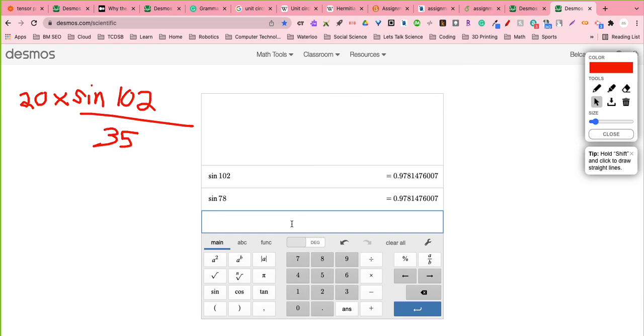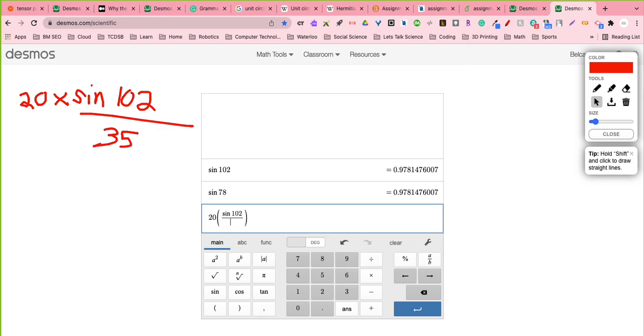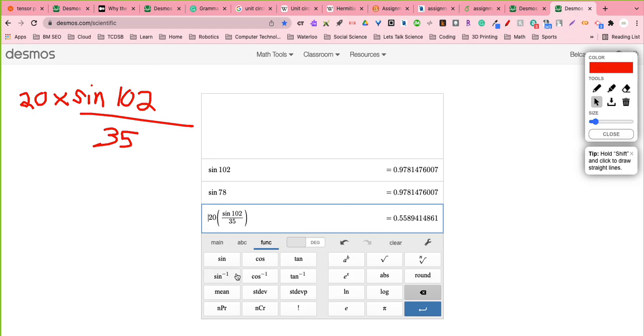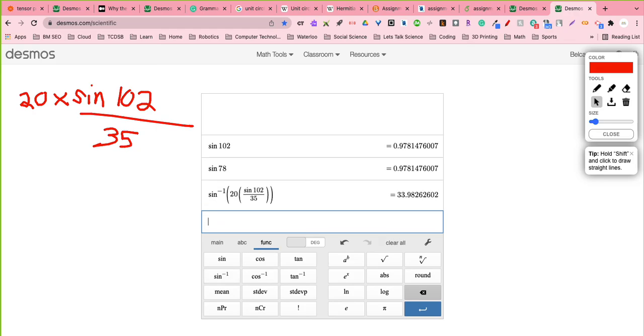So I have 20, I'll put in brackets, sine 102 divided by 35. It gives us a ratio, but more importantly, I can do this all in one step. If I just do my function, I can do sine inverse of that value and hit enter. And there's our value, 33.98, so approximately 34 degrees.